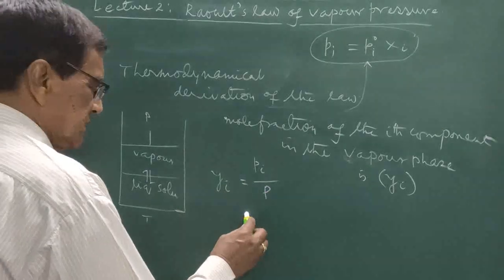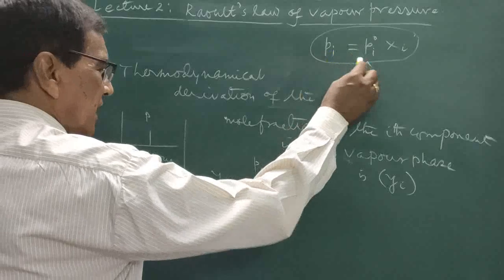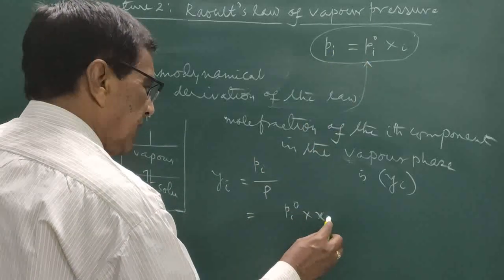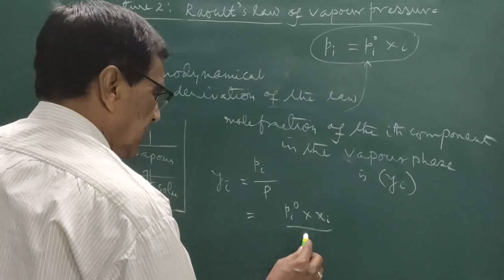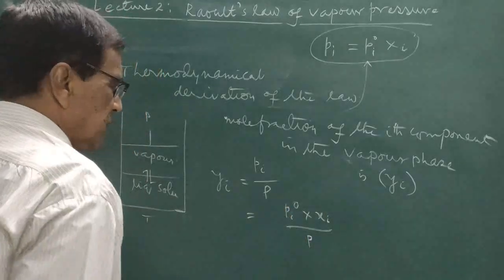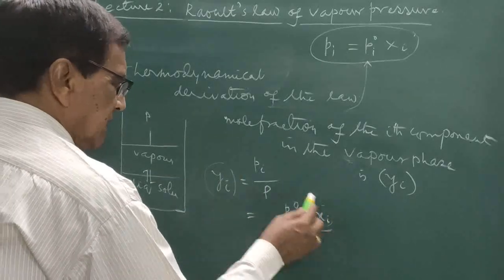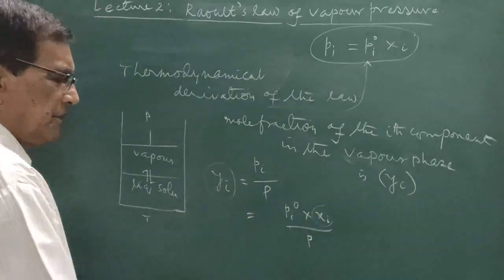And instead of pi, we can write pi naught into xi divided by total pressure. So yi and xi are related this way.